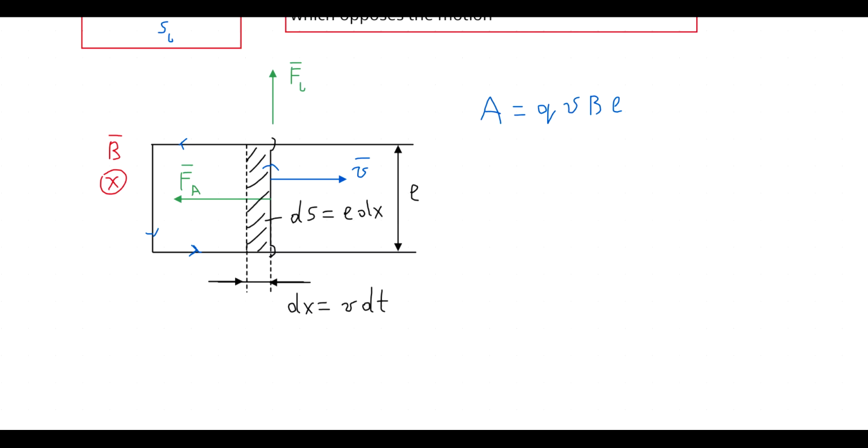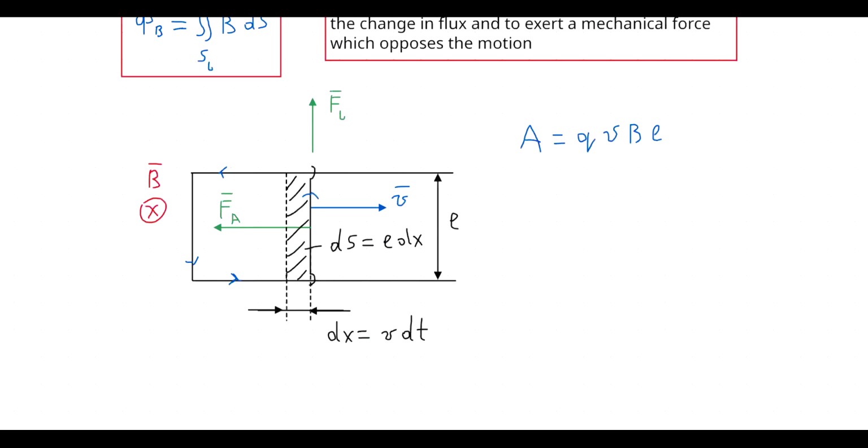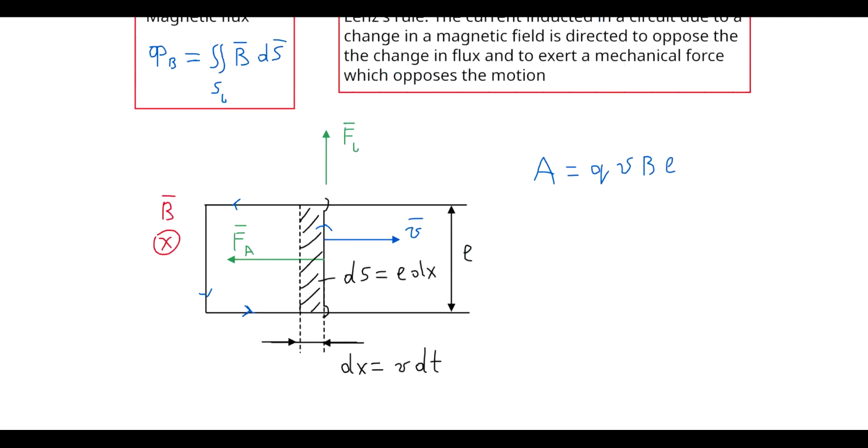And the last question is how to define the direction of this increase dS. It can be done with the right hand rule, according to the direction of inductive current.